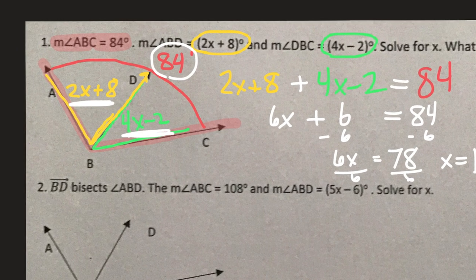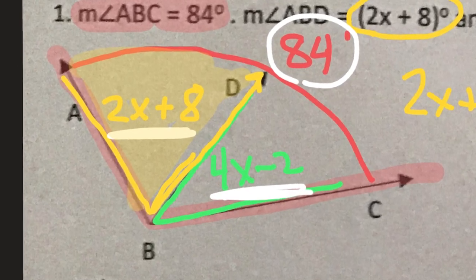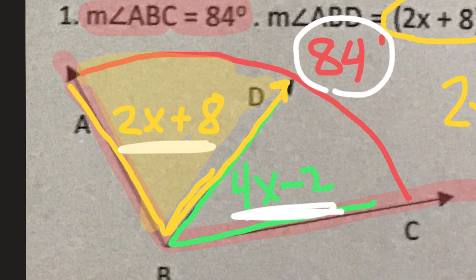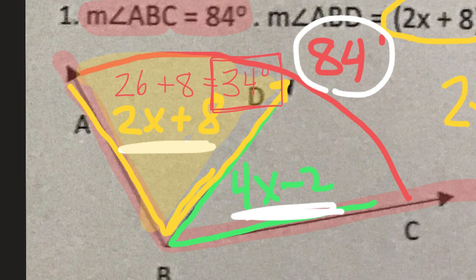We're only concerned about this yellow angle, ABD. If x is 13, we replace x with 13. 2 times 13 is 26, 26 plus 8 is 34 degrees. So our x value is 13, and the measure of this angle is 34. I know we're not asked for it, but the measure of this angle down here would be 50, because these two have to add up to 84. But that's just a bonus.